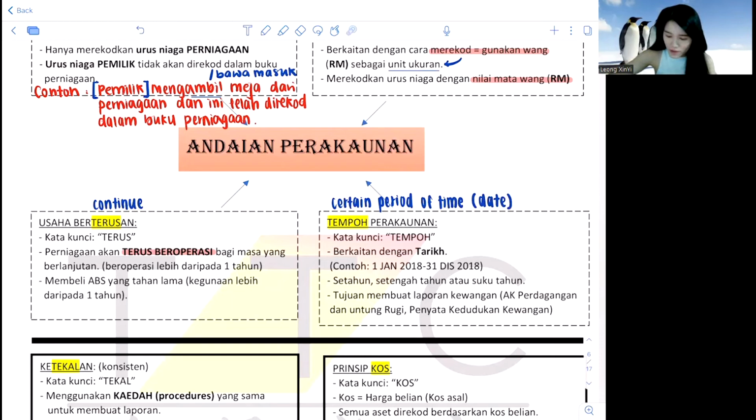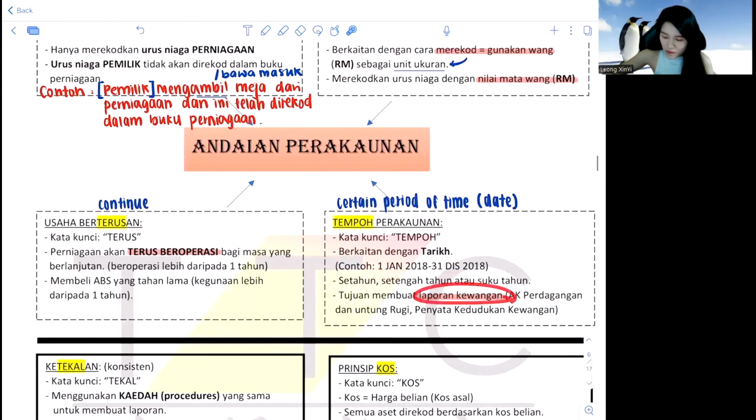Example, if the question tells you that we do our laporan kewangan pada 1st January hingga 31st December, that is tempo kewangan. Because whenever we say laporan kewangan follows this date, it means inside the report, it wouldn't include anything of 2019 or even 2017. If it's 2018, it means the whole year, 12 months, only 2018 stuff will be recorded inside.